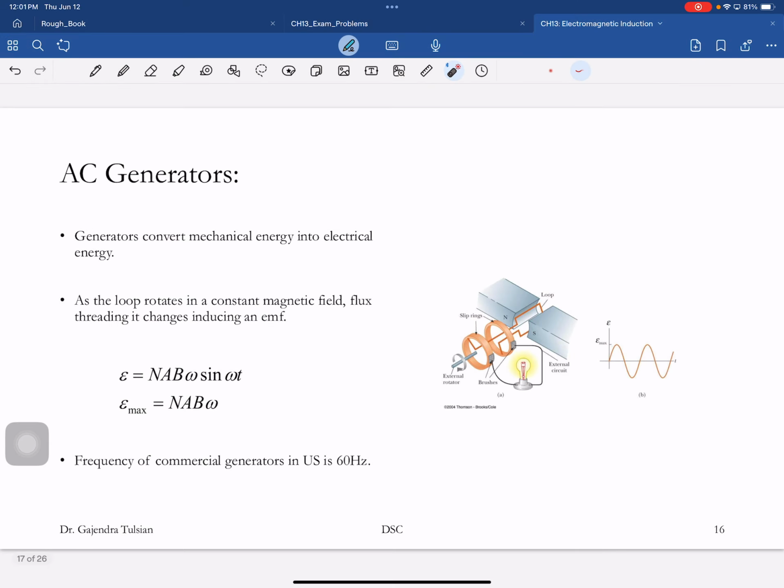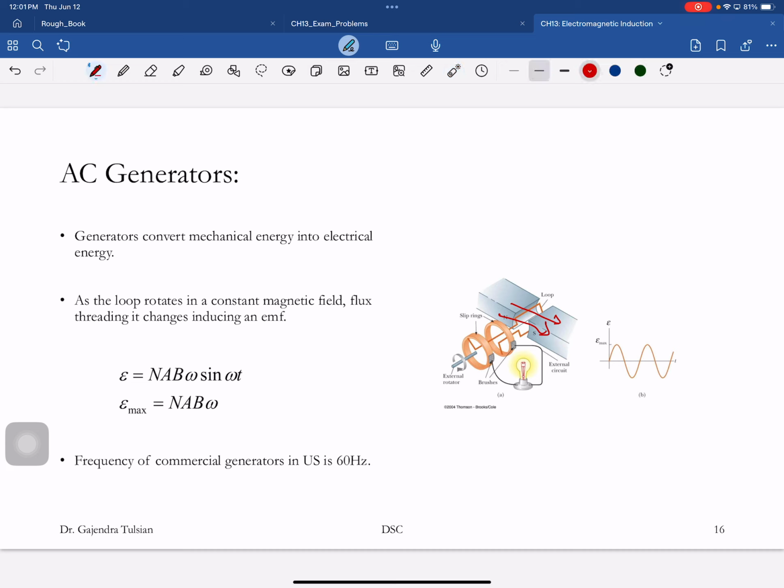There. So, in this diagram, there's the magnetic field. We keep the magnetic field constant. The magnet constant. Here's the loop of wire. The area of the loop of wire is constant. What we'll do is we'll rotate the loop. We'll change the angle.